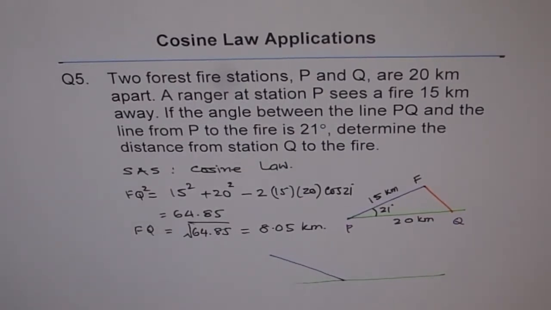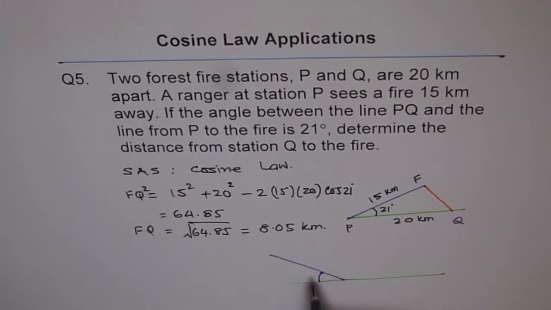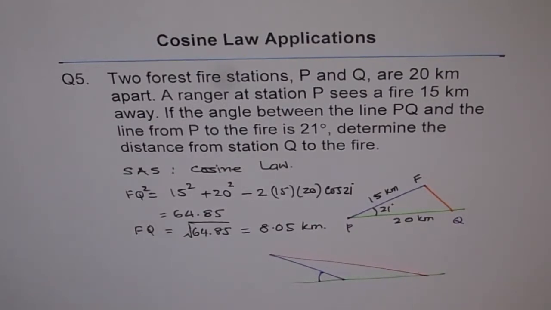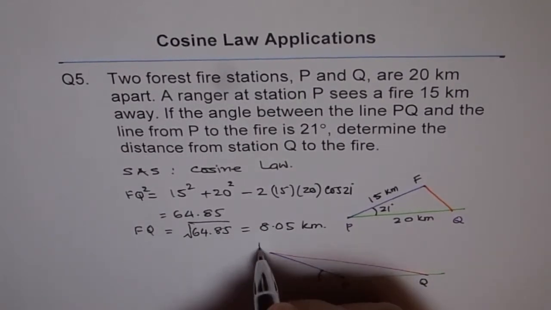There could be situations, and I could ask this question saying that towards west, if I give you the direction, then the figure may be like this, and the distance between the fire and station Q could have been like this. Do you understand? Now let us say this is our second scenario. This is PQ and that's the fire.